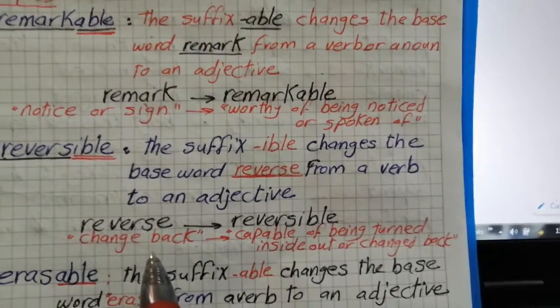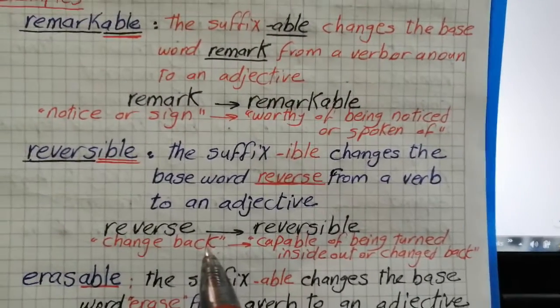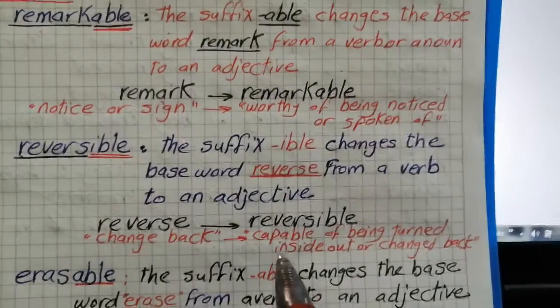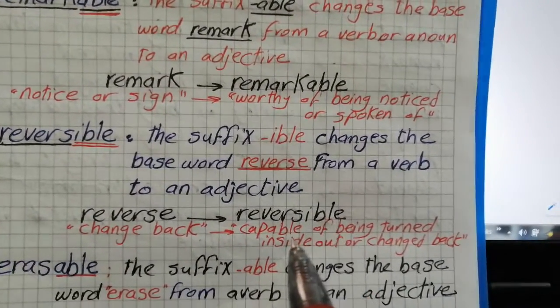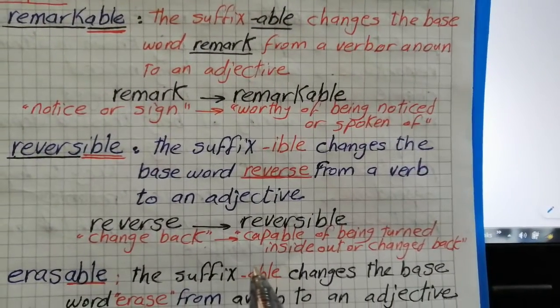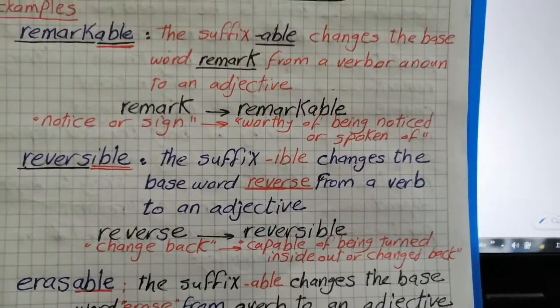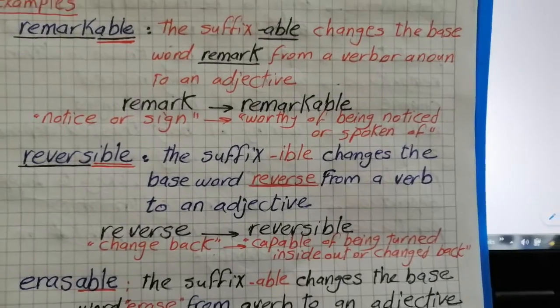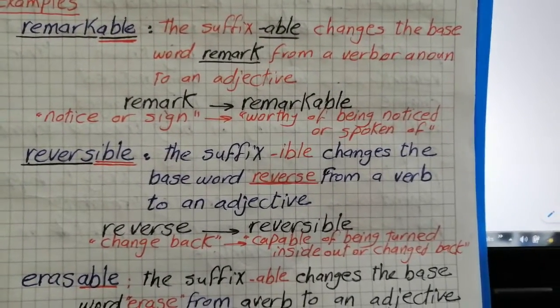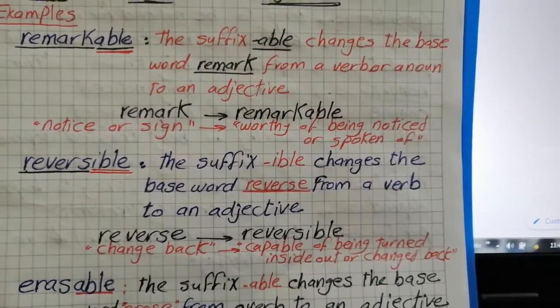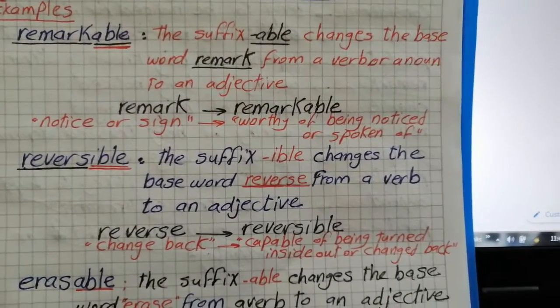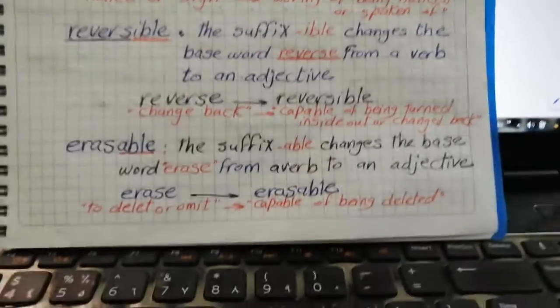When we add the suffix IBLE, the meaning changes to capable of being turned inside out or changed back. So when I say, for example, this book is reversible, it can be changed back. Or this new project is reversible, we can change it.